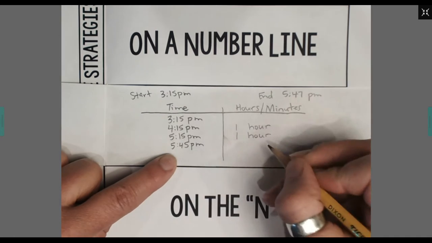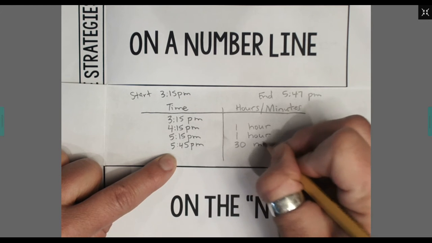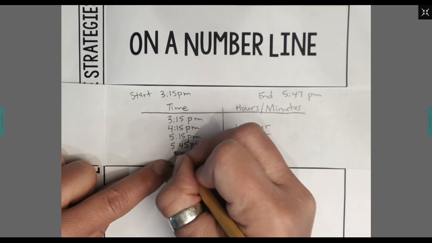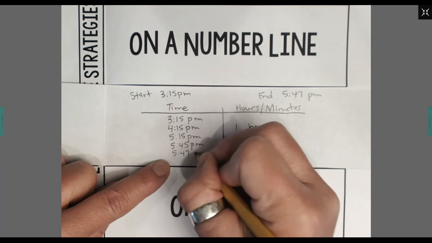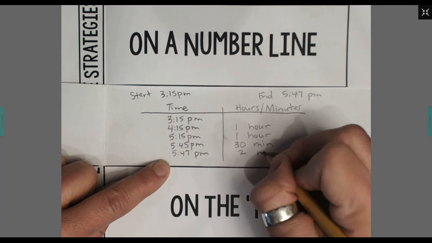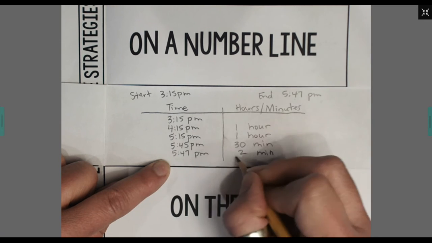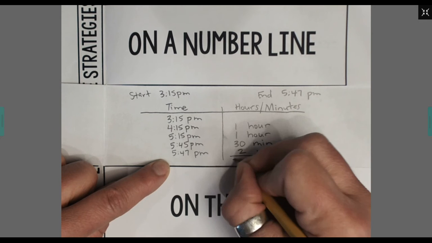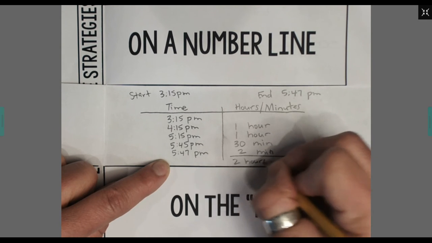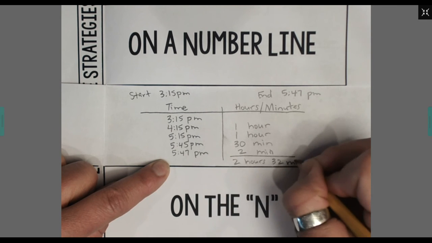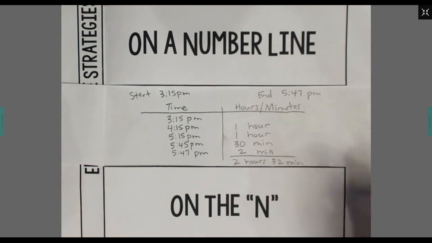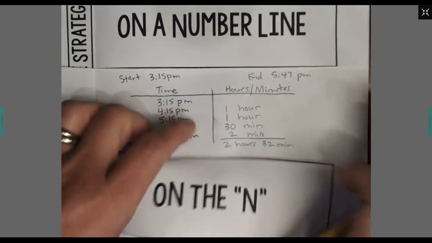That's 30 minutes. And then 5:45 to 5:47. That's 2 minutes. And we do the same thing here. We add them all up to give us a grand total of 2 hours, 32 minutes. Our next strategy is on the N. This is our final strategy.